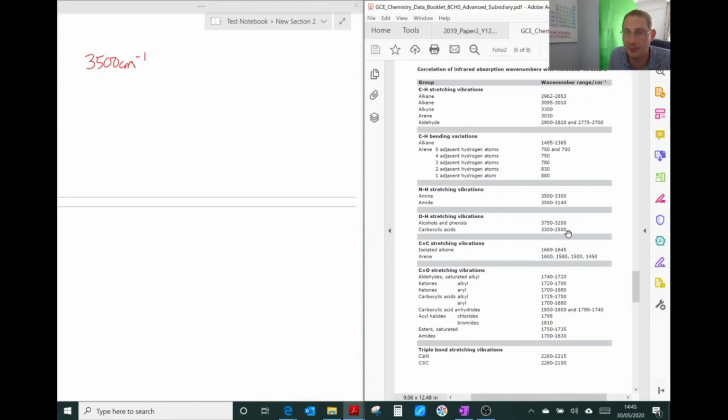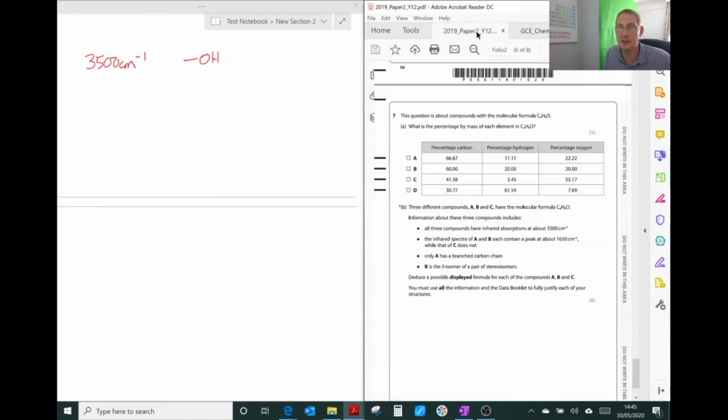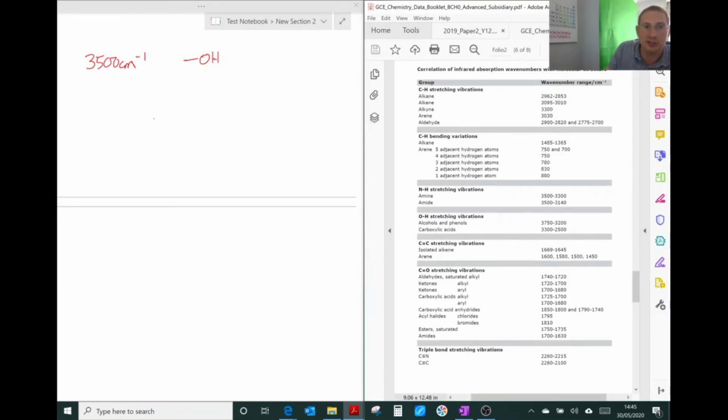OH stretching vibrations. So they've all got an OH group in them. Okay, what else do we have? Well, we know that A and B have 1650. So A and B have something at 1650. What is it that they have?